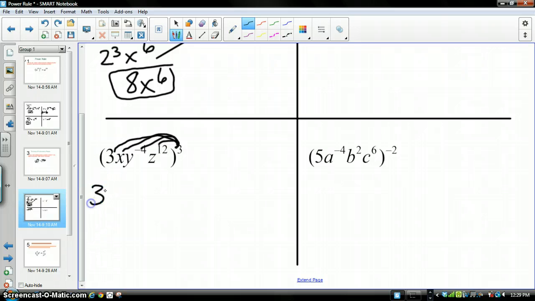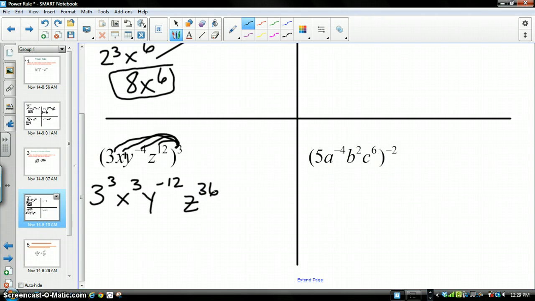So we have 3 to the third, x to the exponent here for x is 1. So we have 1 times 3, which is 3. Remember, multiply exponents in the power rule. So we have negative 4 times 3, which is negative 12. And z to the 12 times 3, which is 36.